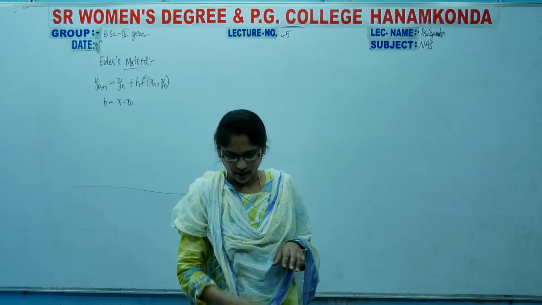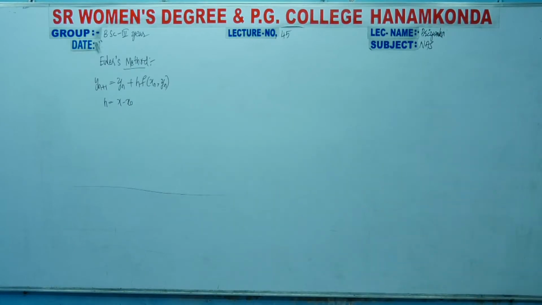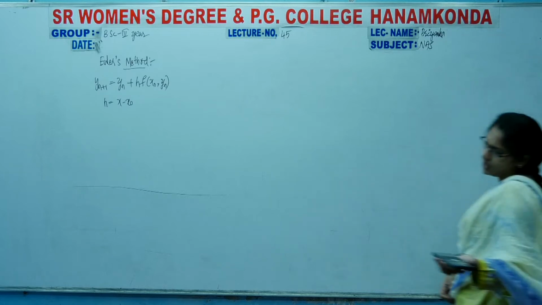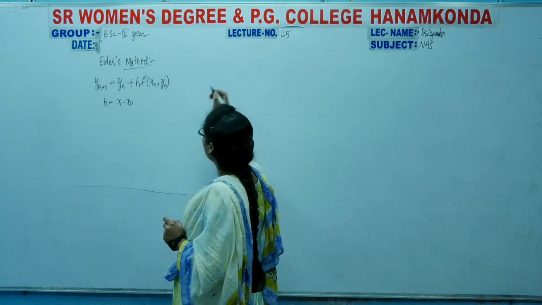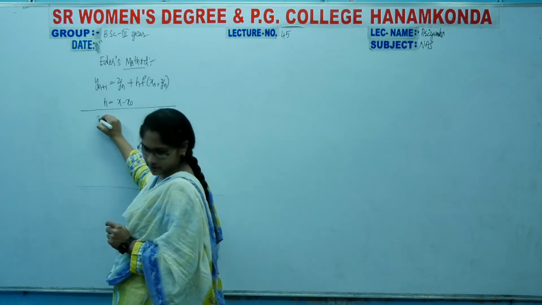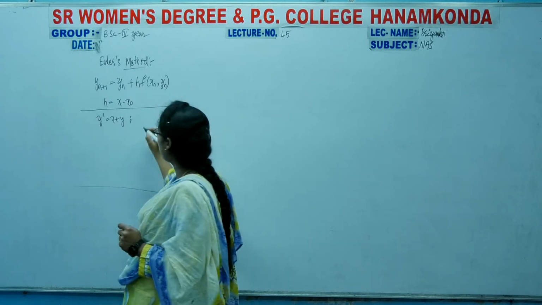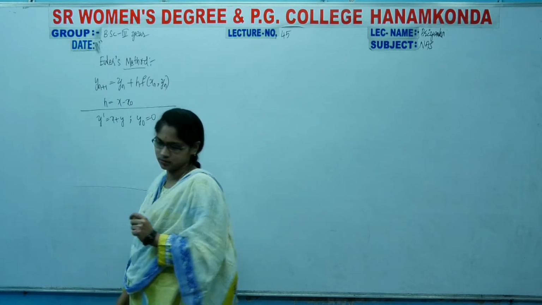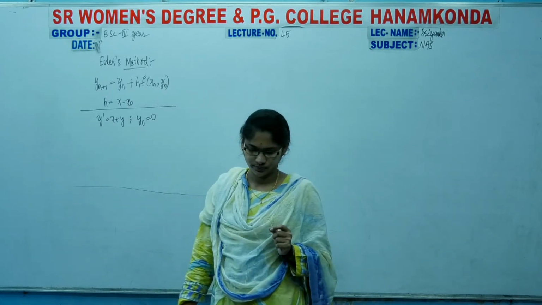Now write down one question. Apply Euler's method to solve y dash is equal to x plus y, y0 equal to 0, which means here x is also 0.